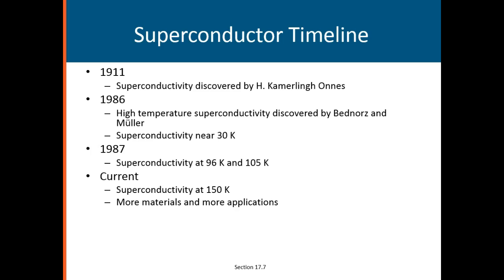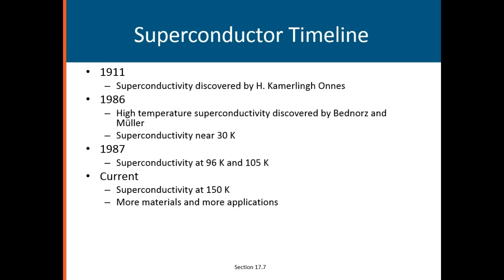Here are some of the superconductor timelines. It was first discovered by, I don't know how to pronounce his name, Heike Kamerlingh Onnes, I think, in 1911. But almost nothing was done for another 75 years. Well, I'm sorry, that's not quite true. A higher temperature superconductor was discovered by Bednorz and Müller. Now, Müller sounds like a German name.